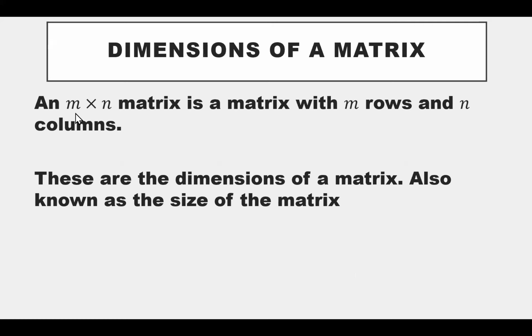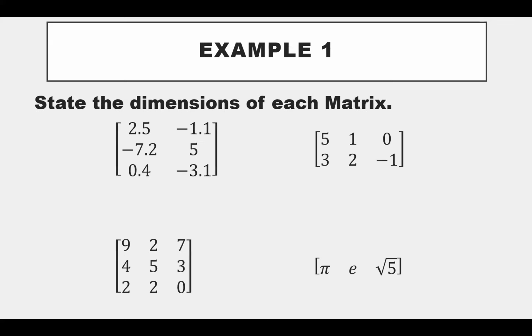We call M and N the dimensions of the matrix, and we always list the rows first and the columns second. You'll also see this called the size of a matrix. So the dimensions or the size of a matrix. In the matrix we looked at just a second ago, we can state the dimensions.